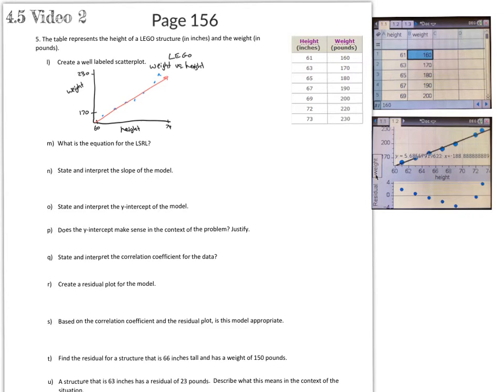All right. What is the equation for the LSRL? Well, it shows up right on your screen there, but we want to remember to write it in context. So instead of y, I'm going to write predicted weight, with the little hat on top for predicted, equals, and we can round it to 2 decimals, so 5.69 times height plus negative 188.89.